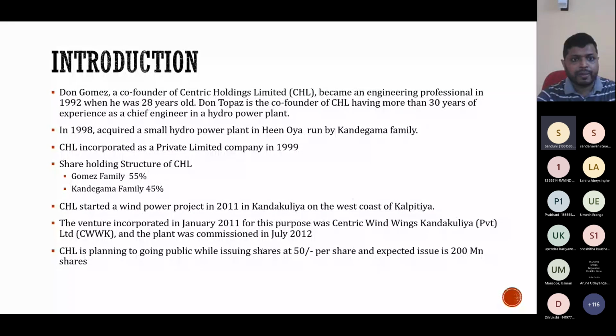Shining Grace is the company they are going to promote: Centric Shine Grace Private Limited, a fully owned subsidiary that does the solar power project. Remember, they are into the renewable energy sector.